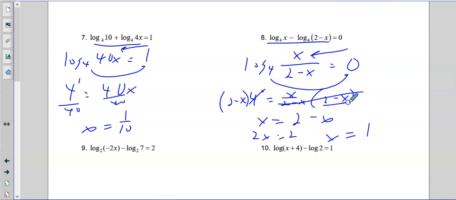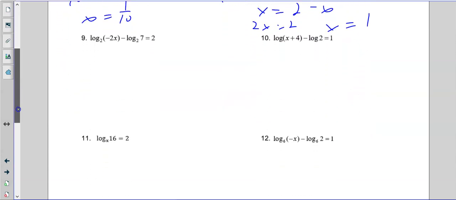Be careful when you have something like this. A lot of times people will subtract x. It's already subtracted. You want to add it to both sides. Common mistake. All right, condense. We're going to write log 2 once. We have a subtraction, so we can put a fraction bar.